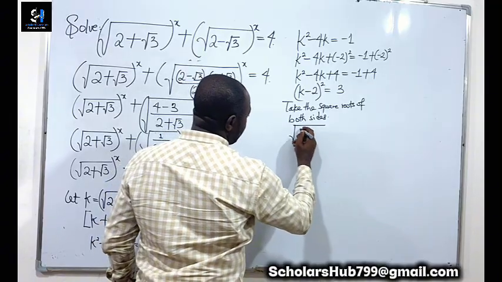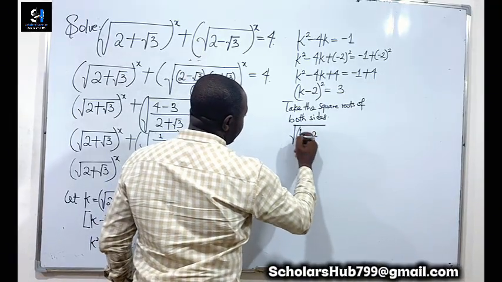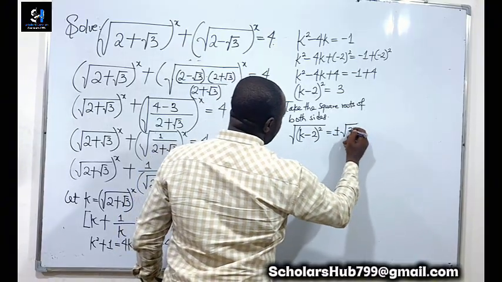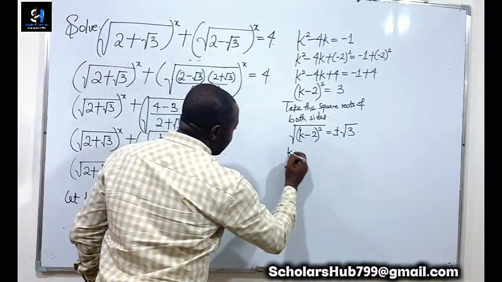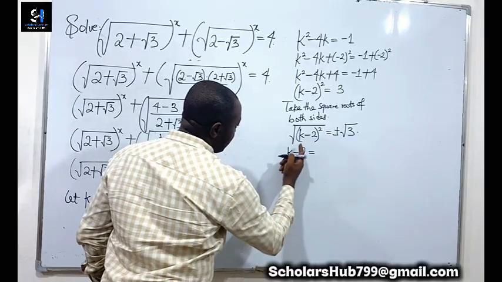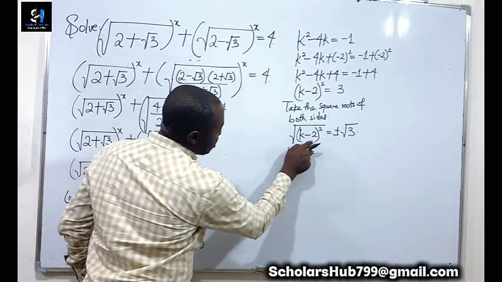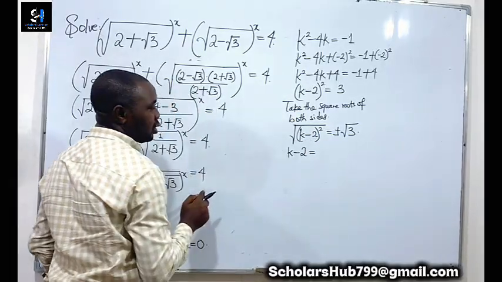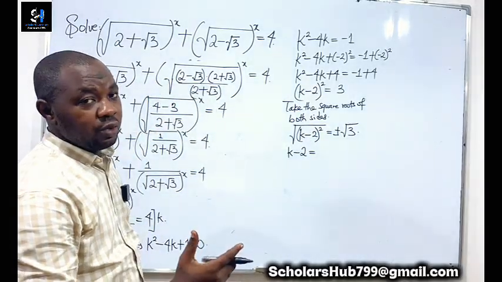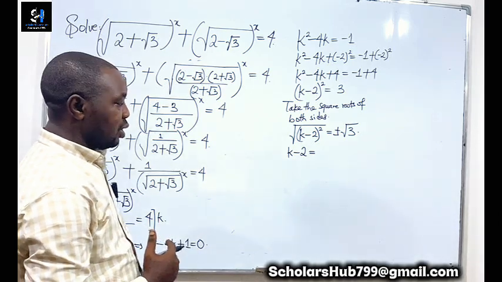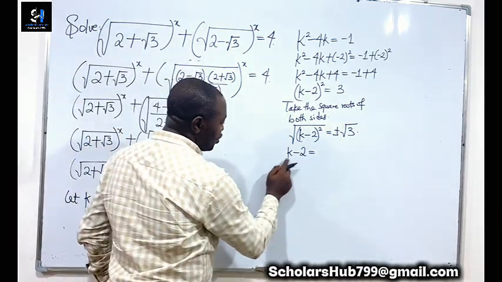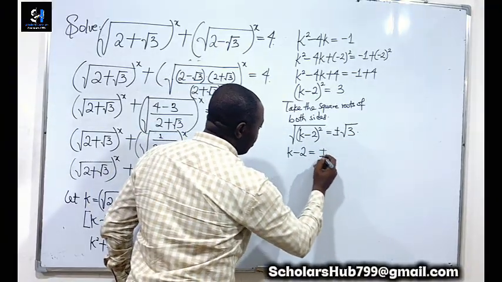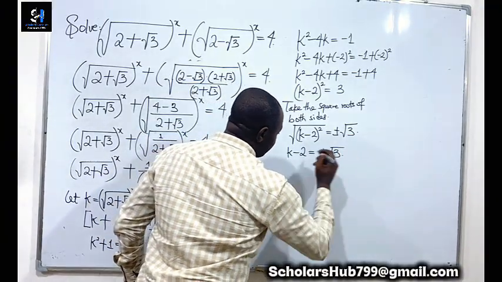So this will be the square root of (k minus 2) squared, then plus or minus the square root of 3. The square root of the square of k minus 2 is the same as the absolute value of k minus 2, and that will be k minus 2, which means this term must be non-negative, equals plus or minus root 3.